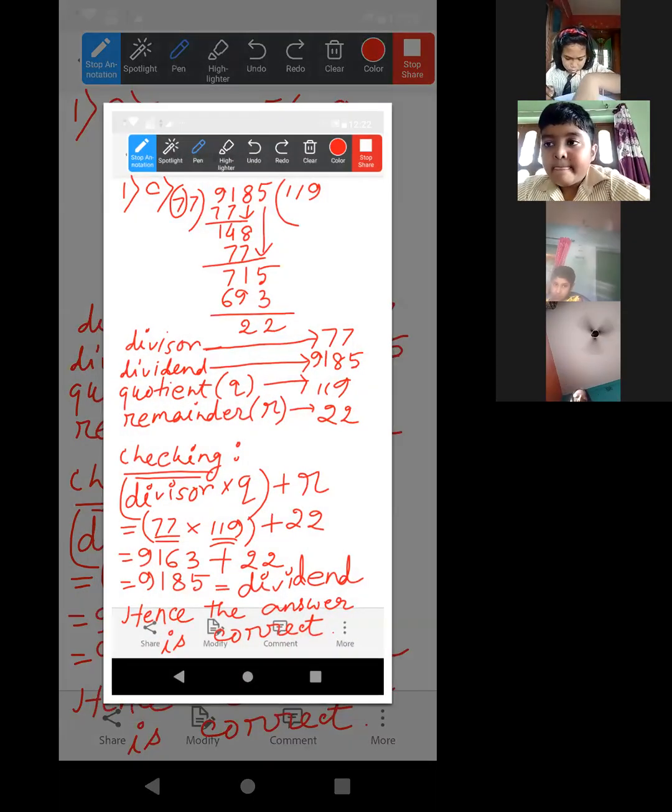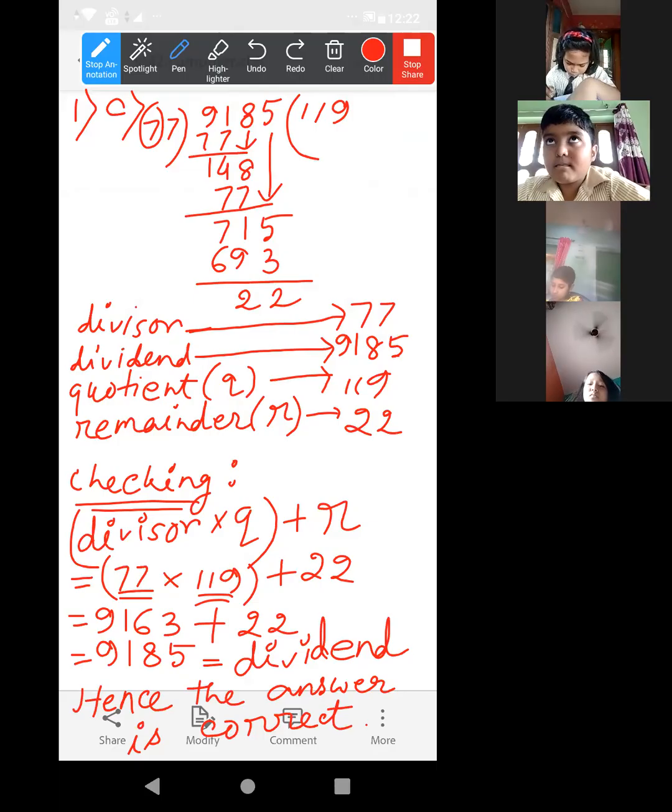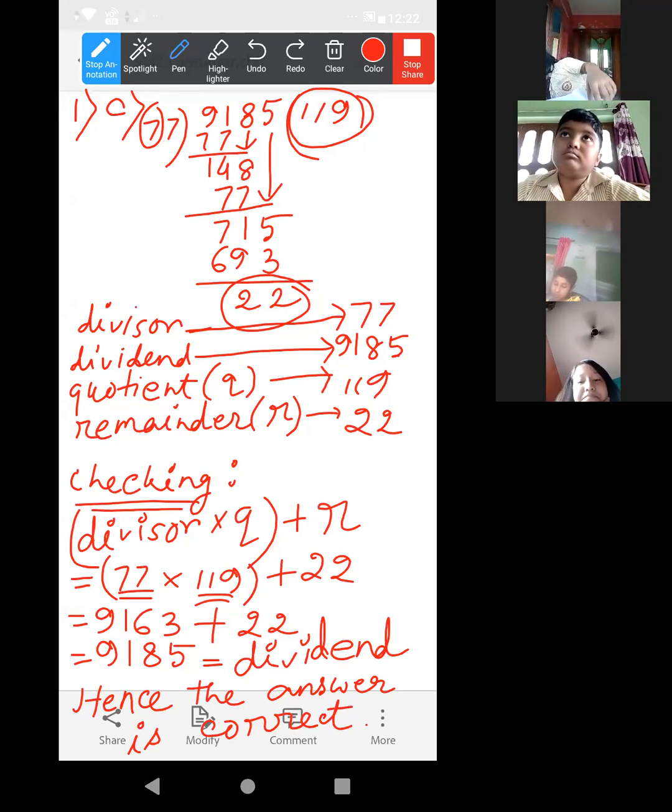The answer is correct means which one? Basically, this quotient and this remainder. Understood? So just do it fast. I am waiting for 1 minute only. Then I'll check the copy.